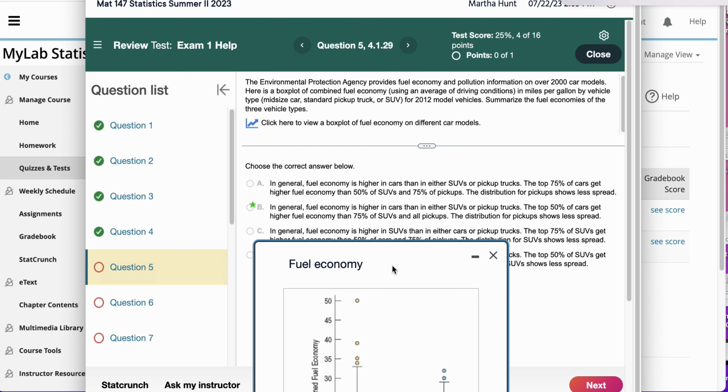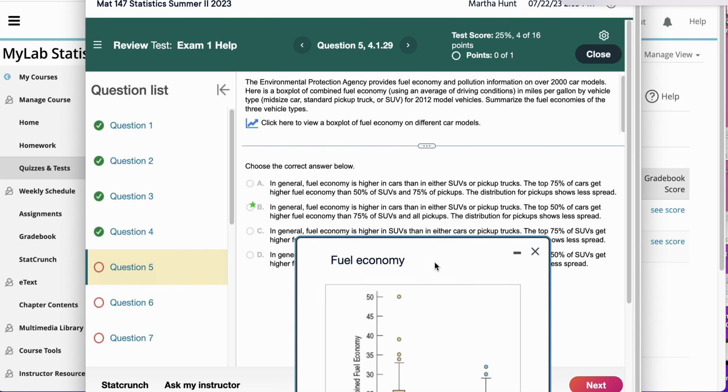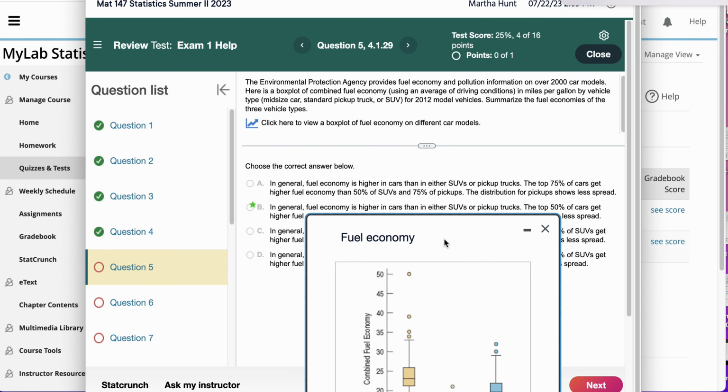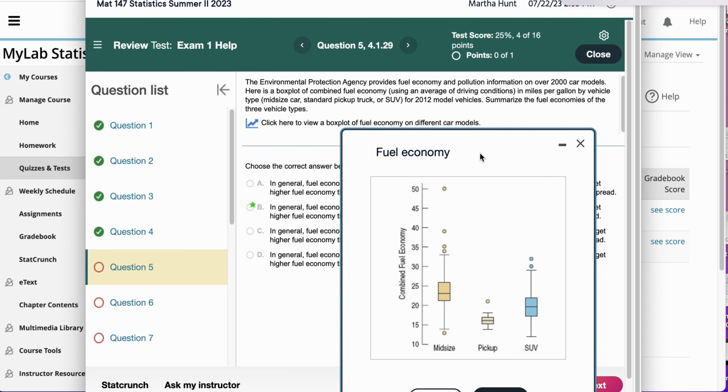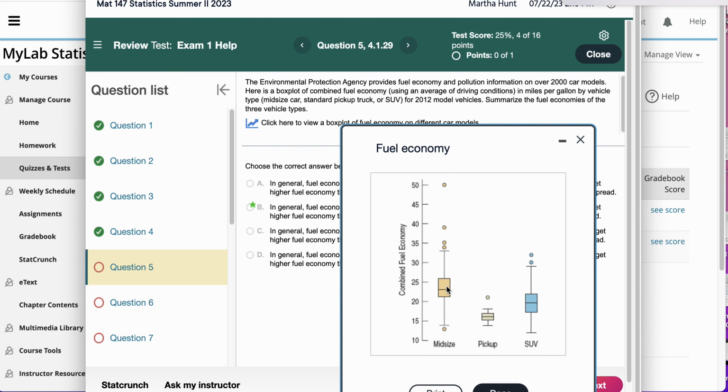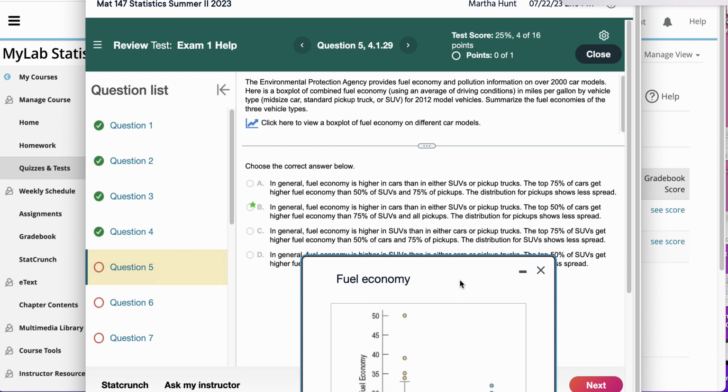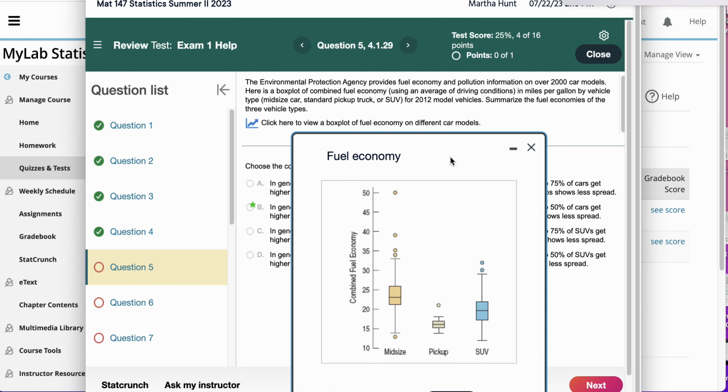Now, this is a complicated question, so you want to make sure that you truly understand it. 50% of the cars would be up here, and 75% of the SUVs would be up here.